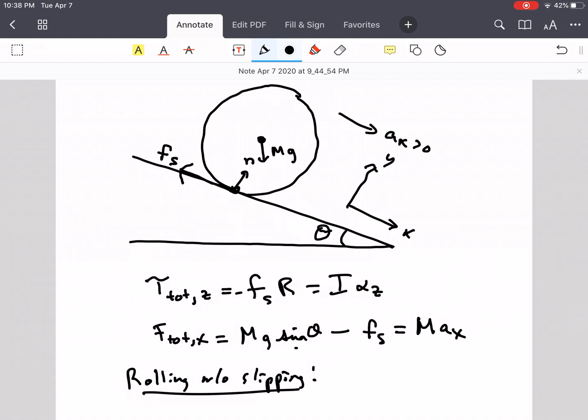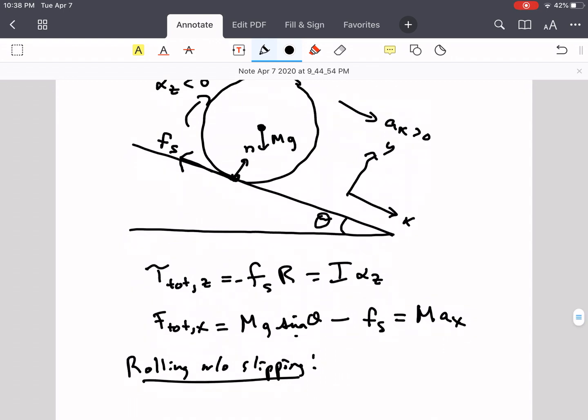Then the rotation is going to be counterclockwise, which is negative. So again, we see that the acceleration is negative r times alpha. For our usual coordinate system, this tends to be the case, but you will always want to check that sign piece by piece, because it's very easy to have this go wrong.